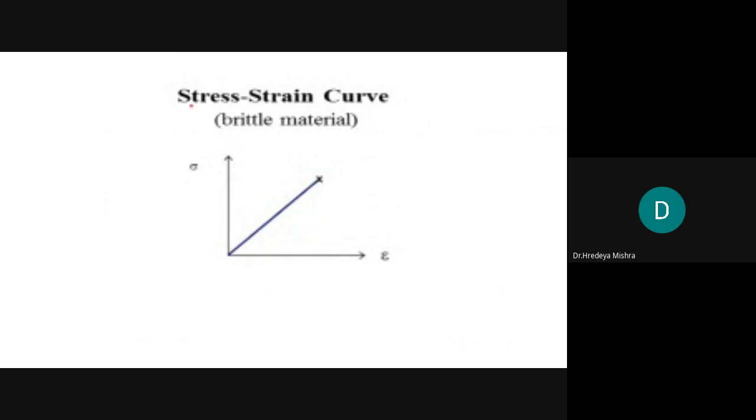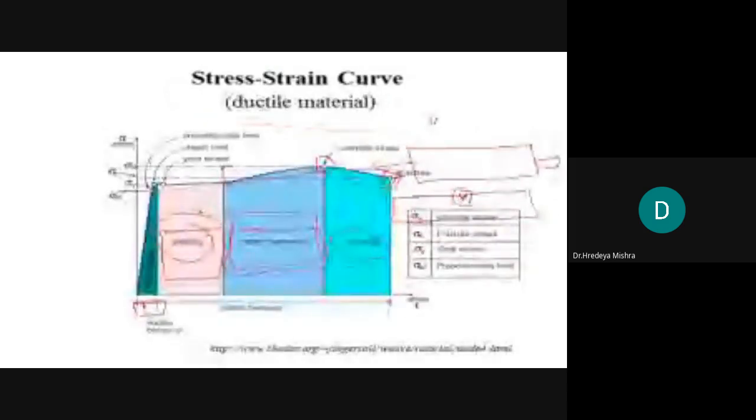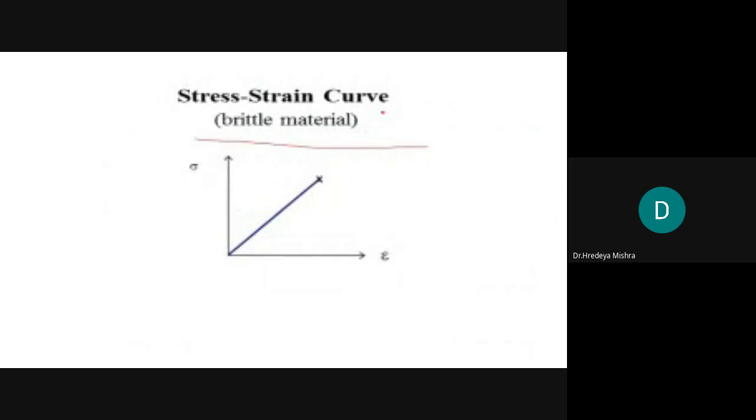Now, the stress strain curve for the brittle material. This is for the ductile material and this is for the brittle material. What happens in the brittle material? Only the elastic zone is there. After the elastic zone, the specimen breaks down.